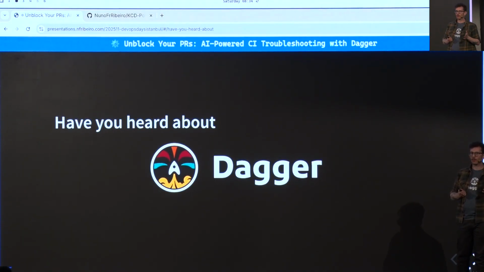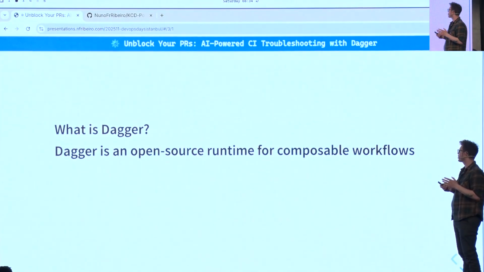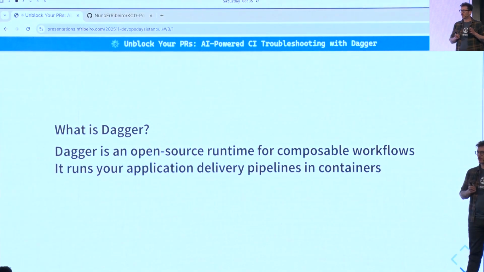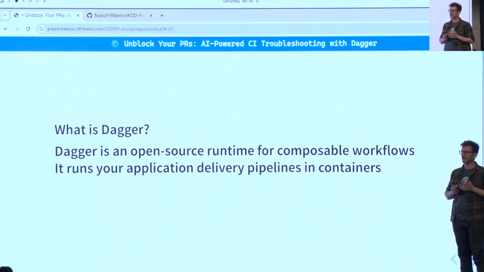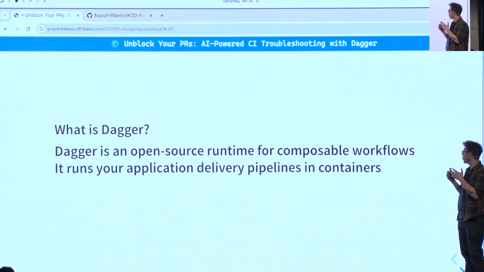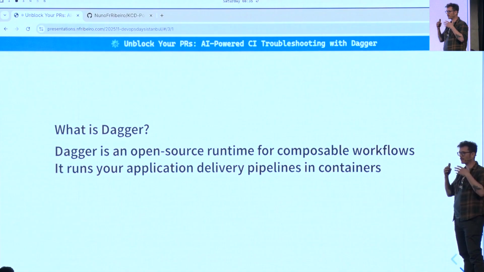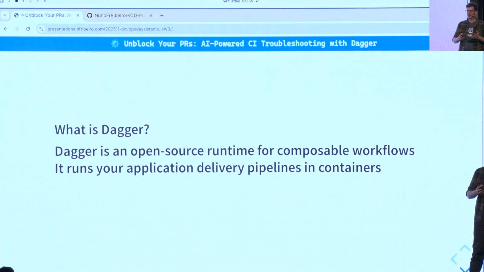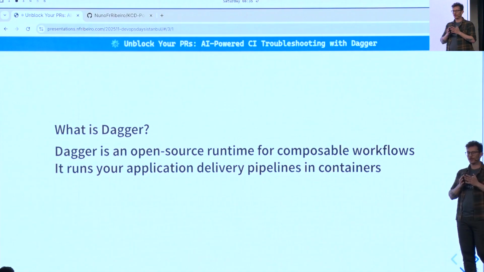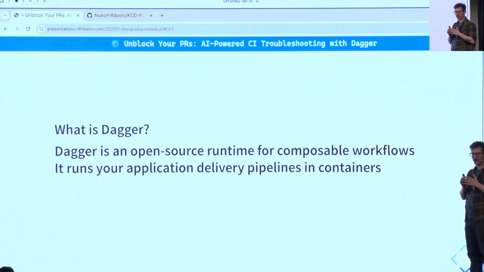So what is Dagger? Dagger is an open source runtime for composable workflows. And what it means is that our application delivery pipelines run in containers. And what does that really mean? Our usual tasks and workflows that we do in our CI workflows, we do in functions.